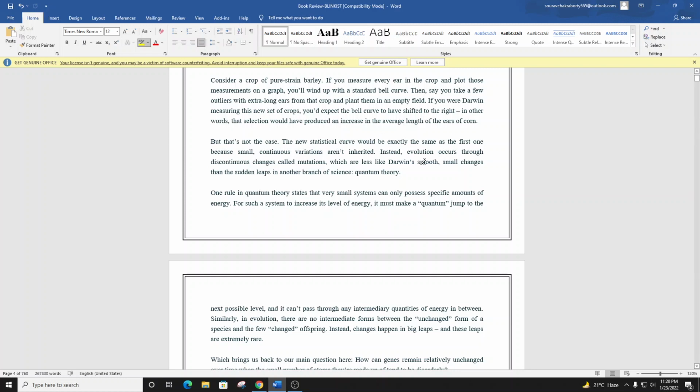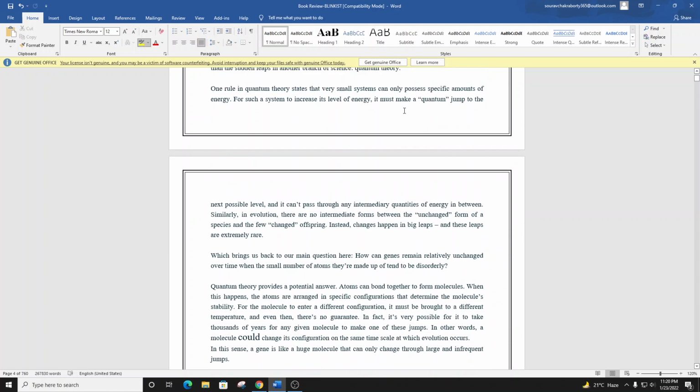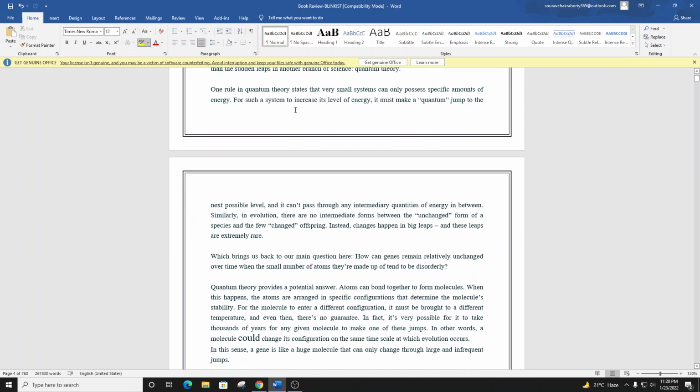Instead, evolution occurs through discontinuous changes called mutations, which are less like Darwin's smooth, small changes than the sudden leaps in another branch of science, quantum theory. One rule in quantum theory states that very small systems can only possess specific amounts of energy.